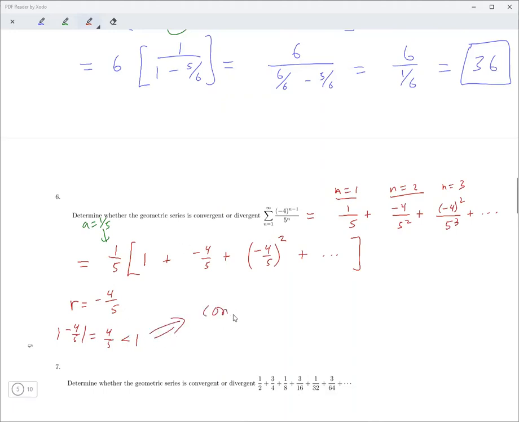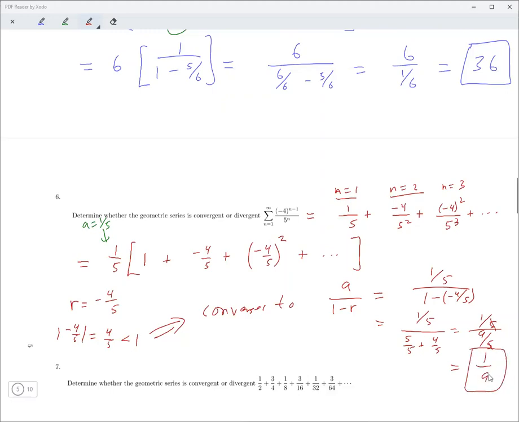So this implies that it converges to A over 1 minus R, which is going to be 1/5 over 1 minus a -4/5. So that's 1/5 over 5/5 plus 4/5, or 1/5 over 9/5. The 5s are going to reduce, and you end up with 1/9 as the answer. Okay, so that answer should work.